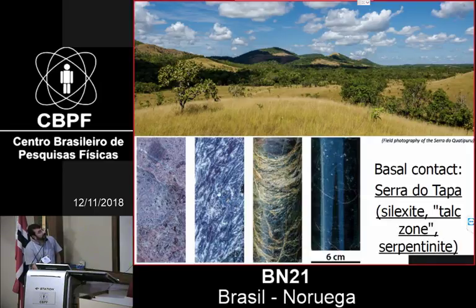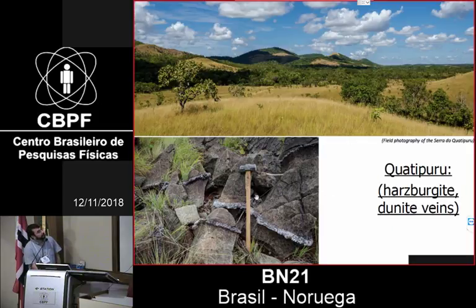It's interesting that the contact is very rich in silica and has some indication of shearing along the basal contact of the Serra do Tapa, similar to what people see in the Alps in some equivalent sequences. In Quatipuru, we have inside the harzburgite succession some dunitic veins and evidence for late melts that were formed in those successions.